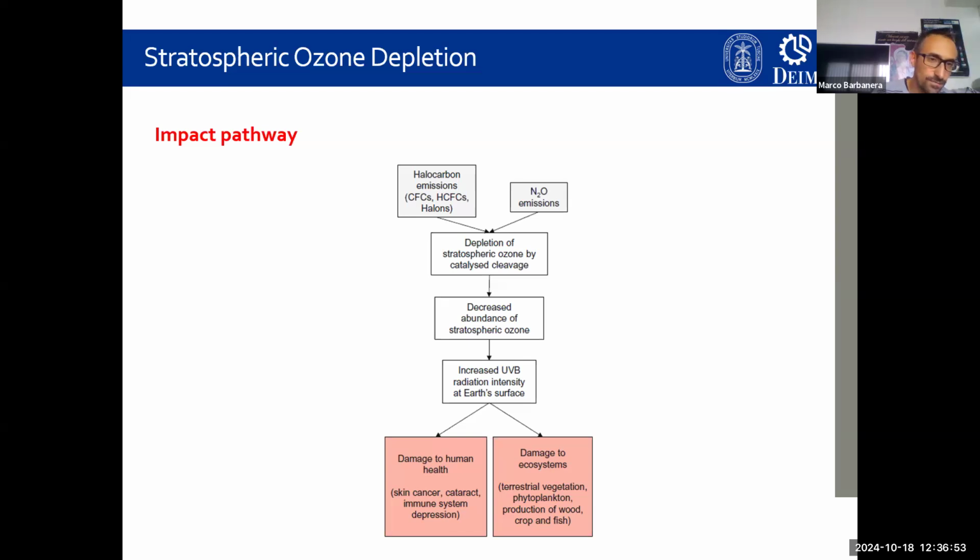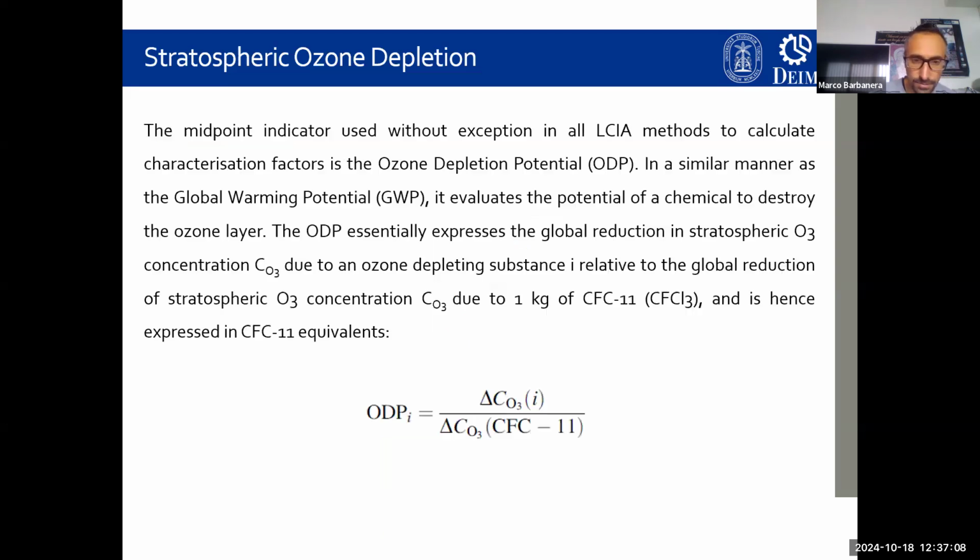As for climate change, we have the influence on two endpoint impact categories, on human health and on the ecosystem quality. Here, instead, you can see the characterization factor for this impact category.